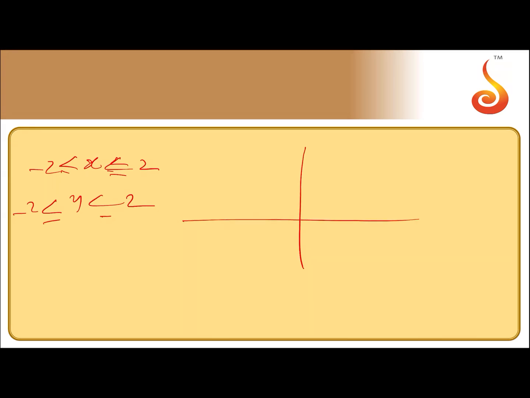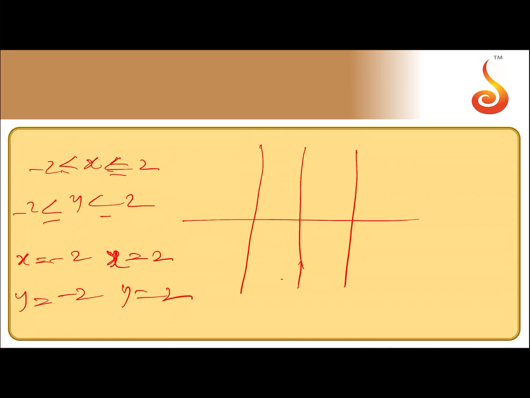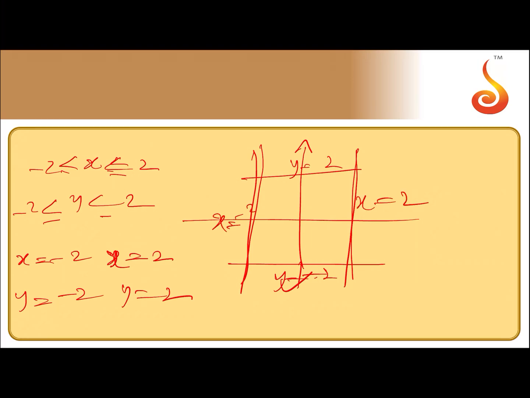Therefore, when I take the x-axis and y-axis, with x equals -2, x equals +2, y equals -2, y equals +2, obviously the coordinates are (2, -2), (2, 2), (-2, 2) and (-2, -2).